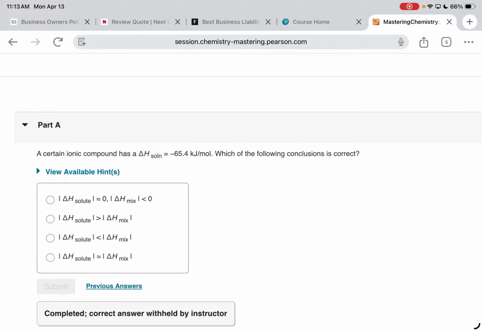So this one says you have an ionic compound that has a delta H of solution of negative 65. So let's just review what those delta H's were, as a good reminder from the beginning of chapter 14. When you have a solution forming, you can describe the energy in that 3-step process where you break apart the solute, you break apart the solvent, and then you mix them together.